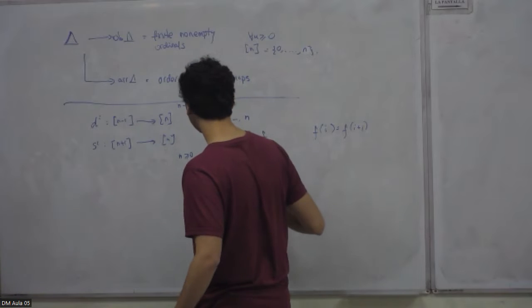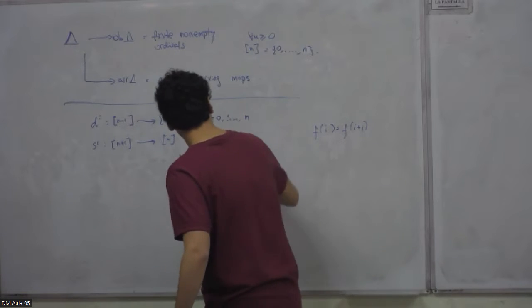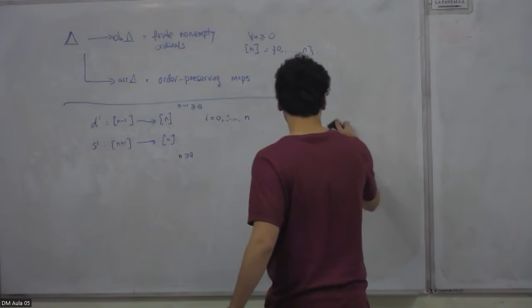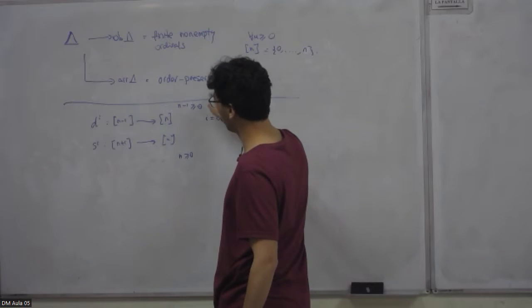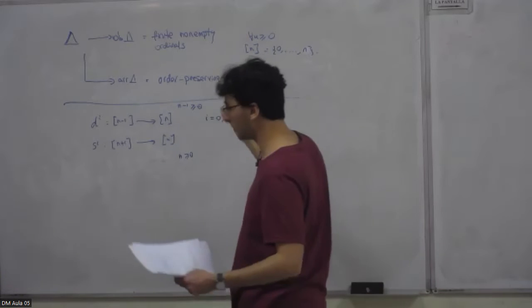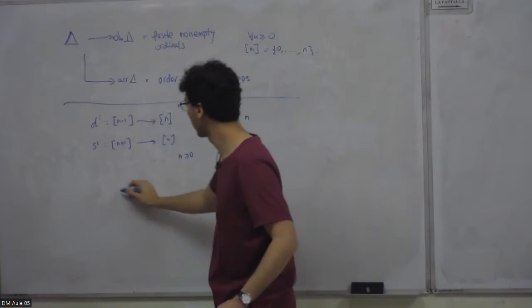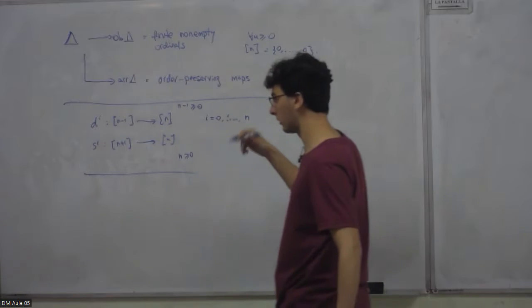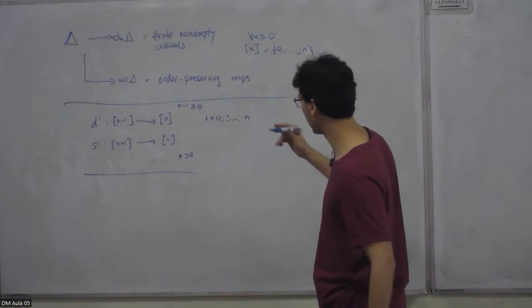Okay. And these are very important because we'll see in a moment that they generate all these arrows, in the sense that all these arrows can be presented as a composition of these guys. And if you ask for certain conditions on what order you compose them, there is a unique composition.